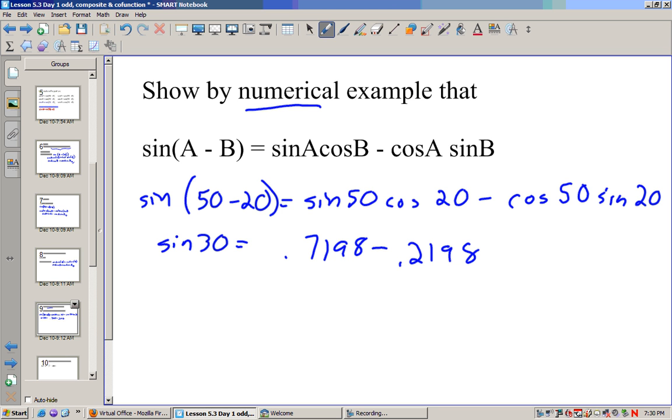So the sine of 30 equals 0.5. And does this side equal 0.5? Well, it sure does. So that shows that 0.5 is equal to 0.5. So the sine of A minus B is equal to sine A cosine B minus cosine A sine B.